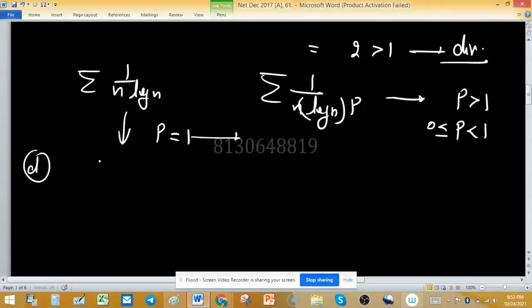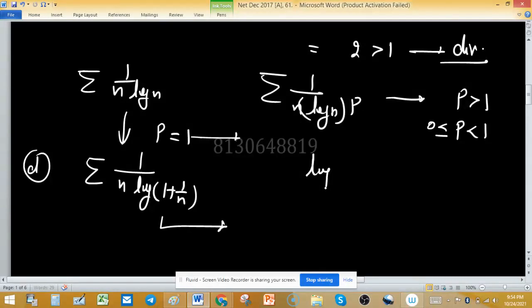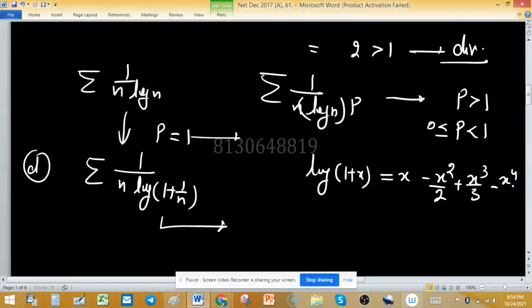In option D, the series is given to us as 1 upon n log(1 plus 1 upon n). So expand this series with the help of the expansion of log(1 plus x), which is x minus x square upon 2 plus x cube upon 3 minus x raised to the power 4 upon 4, and so on.